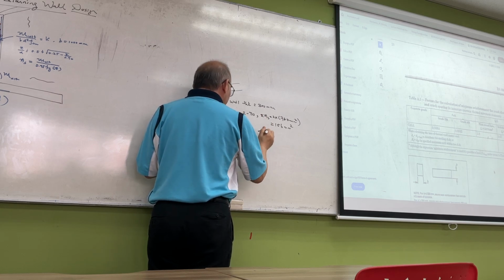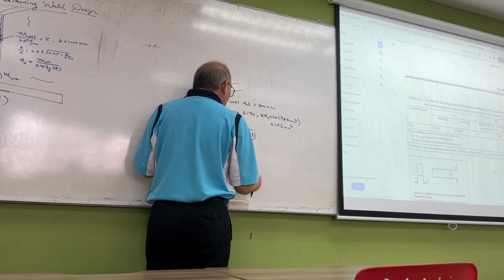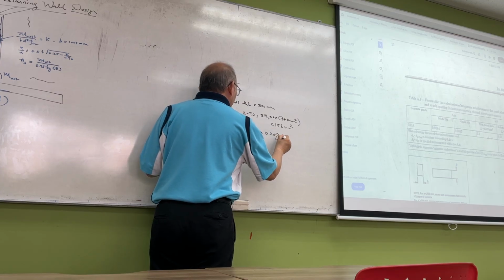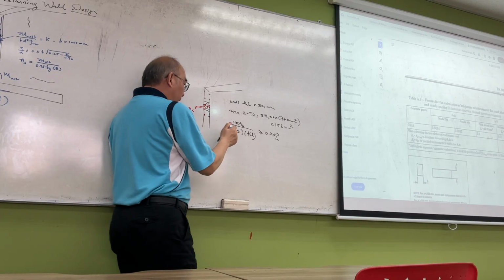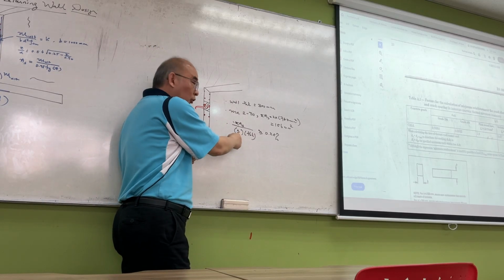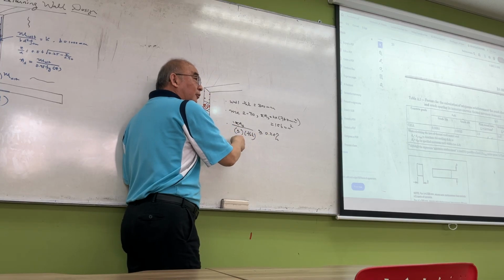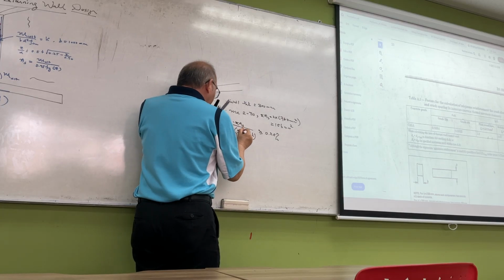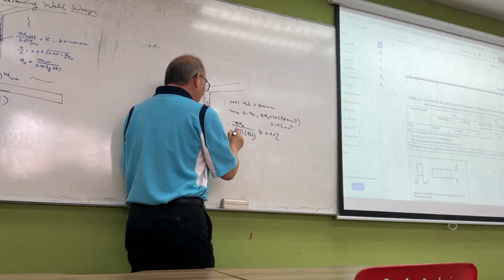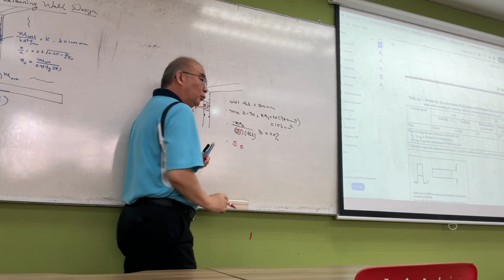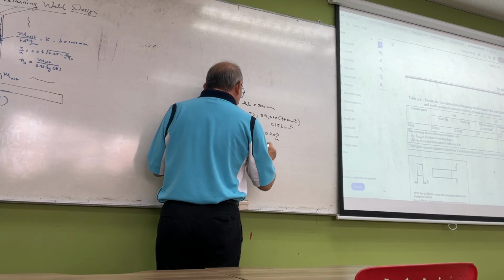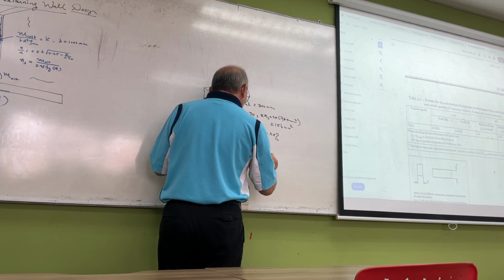And this has to be greater than or equal to 0.25%. So then I go and calculate the S. I move S over here, 0.25% over here, so S is less than or equal to the summation of AS divided by 0.25% divided by the thickness.